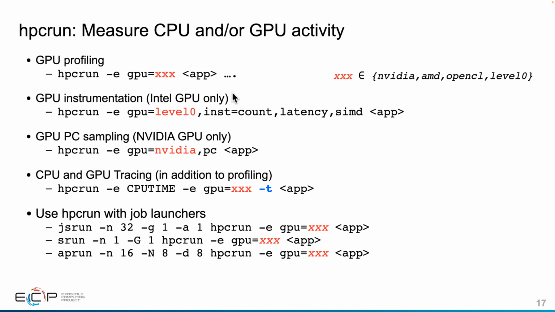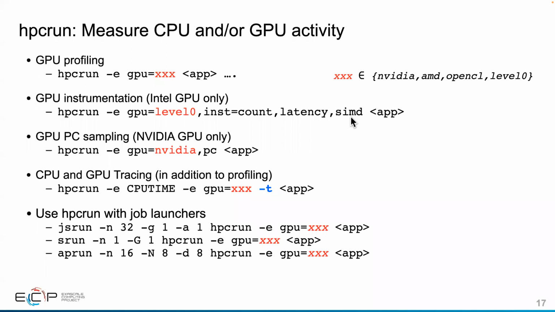So on Intel GPUs, not only can we measure the activity, the kernels that you're launching, we can also add instrumentation. And so you can give an option that says inst for instrumentation equals count, latency, or SIMD. So this is going to count instructions. This is going to approximately attribute latency to instructions that have variable timings. And so typically those are memory hierarchy instructions, loads and stores.